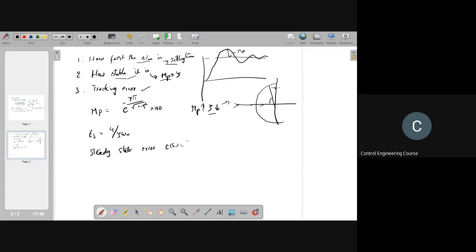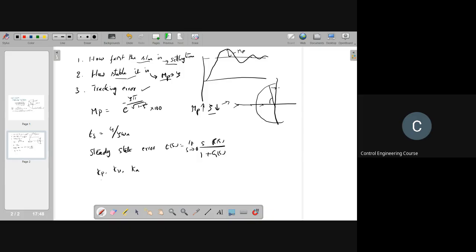E of s is equal to limit s tends to 0 of s R of s by 1 plus G of s, right? Since the steady state error depends on the type of the input and the type of the system, we usually represent it with respect to error constants, that is Kp, position error constant, Kv, velocity error constant, and Ka, acceleration error constant, right?